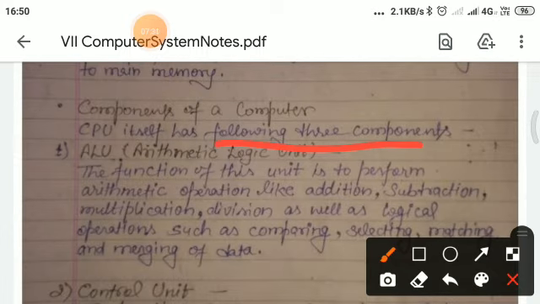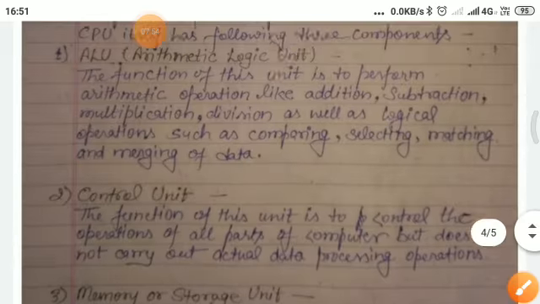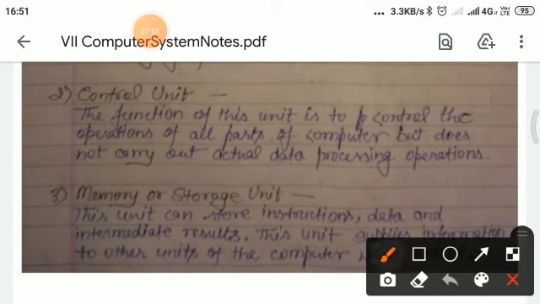First is ALU, arithmetic logic unit. The function of this unit is to perform the arithmetic operations like addition, subtraction, multiplication, division, as well as logical operations such as comparing, selecting, matching, and merging of data. And next is control unit.